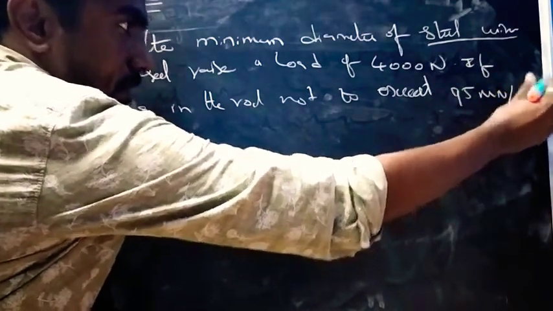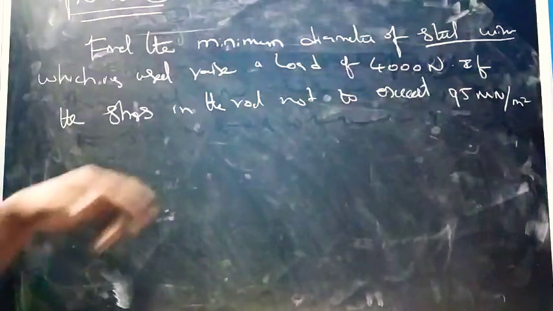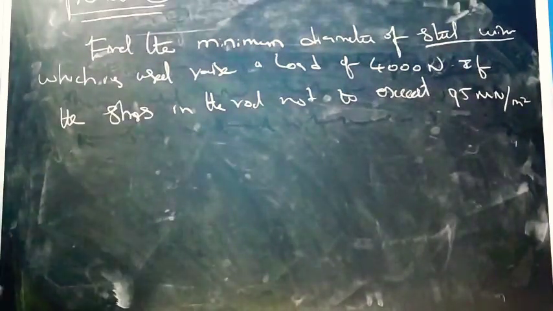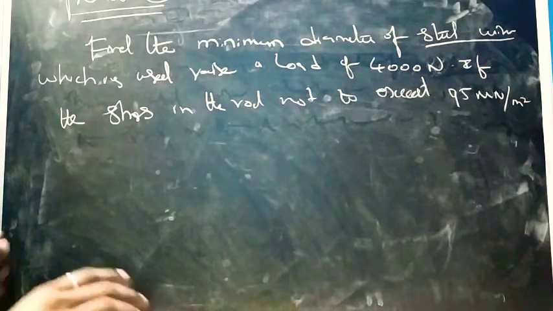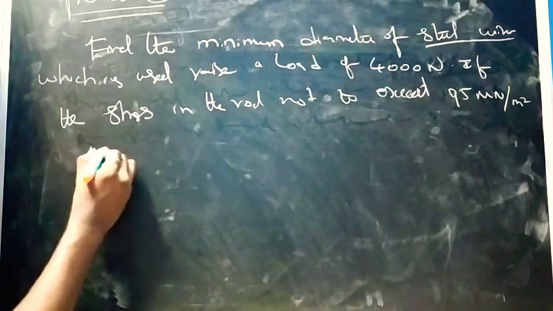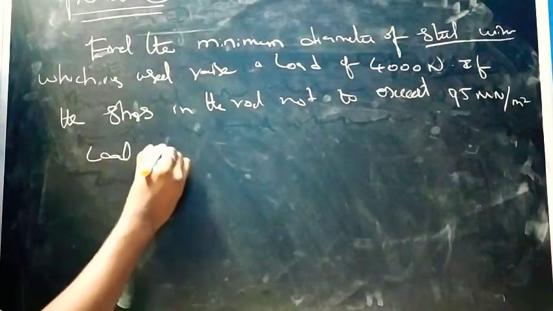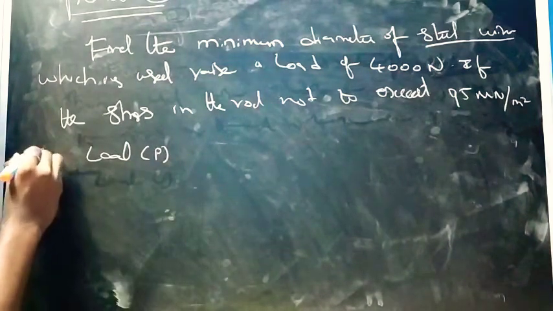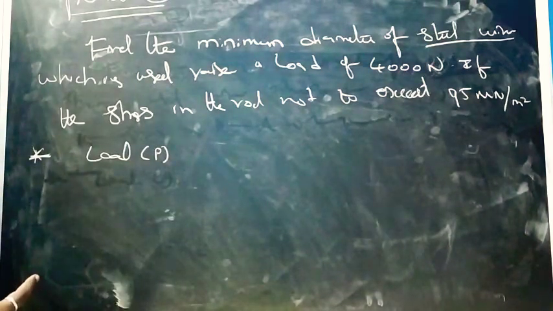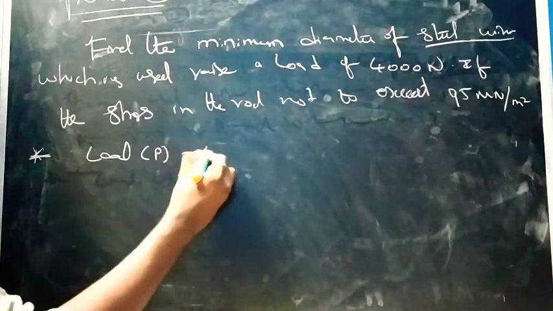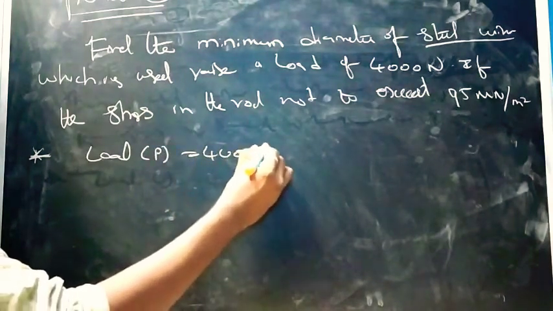Here mega is nothing but 10 to the power of 6. So let's try to convert that. First we'll try to understand the given data. The load P is given as 4000 newtons.